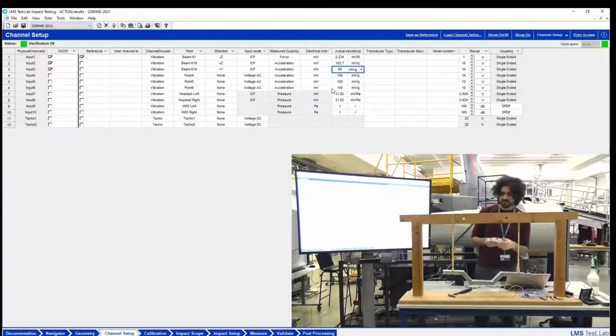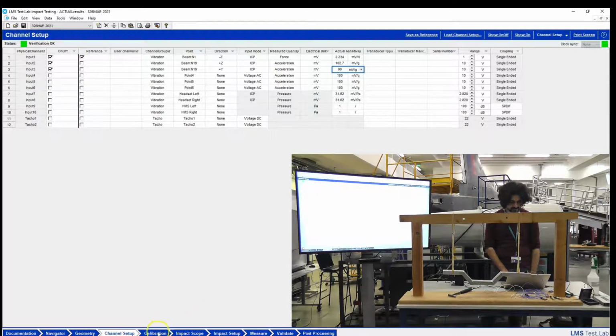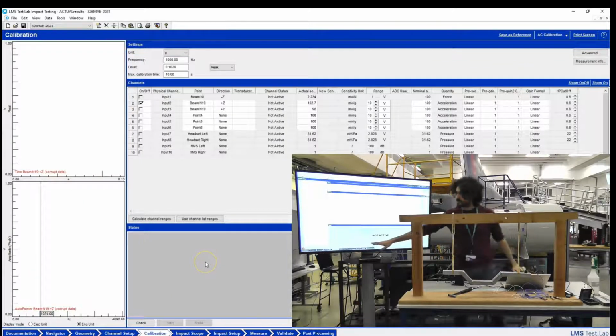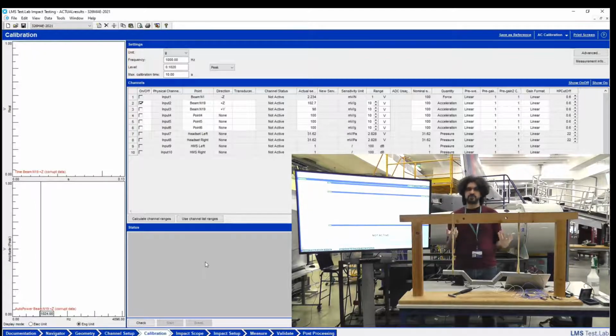What you can do is also recalibrate these yourself. This software has got a calibration tab. If too much time has passed since your last calibration and you don't trust it, you might want to recalibrate your accelerometers. What you need is a known source of acceleration, so that you can compare your accelerometer with your known source.